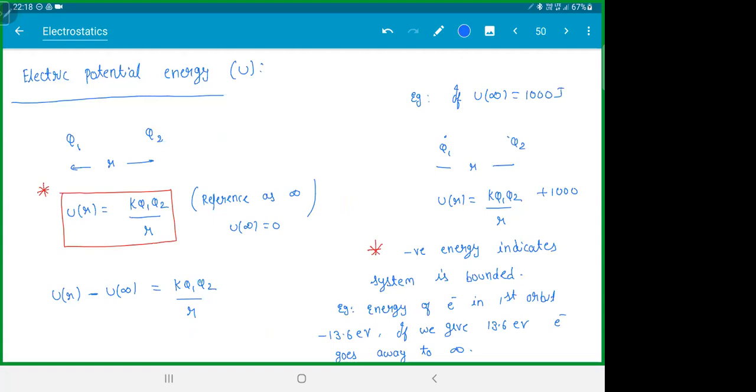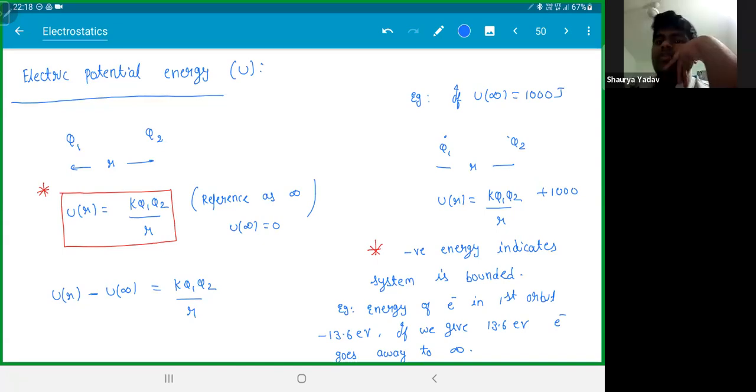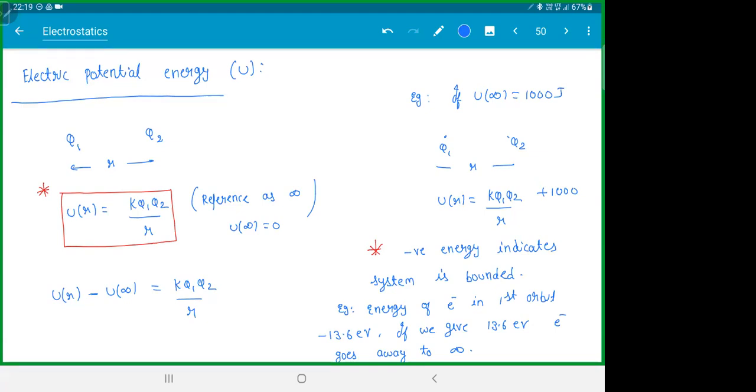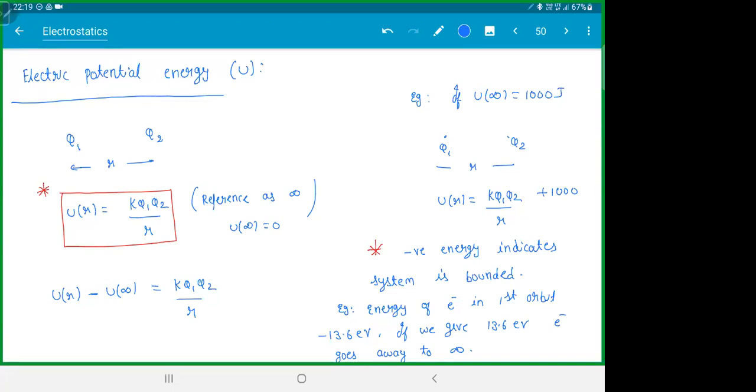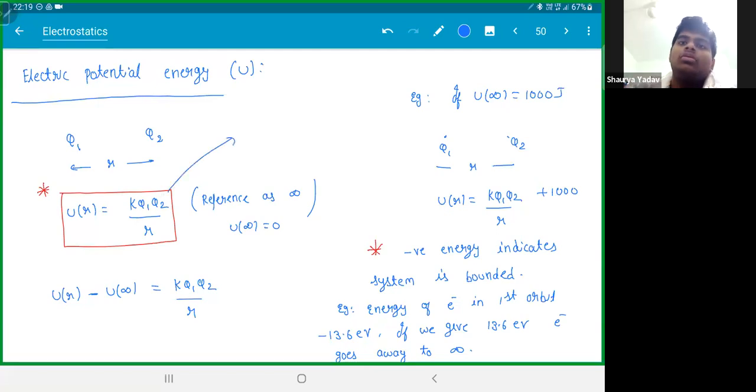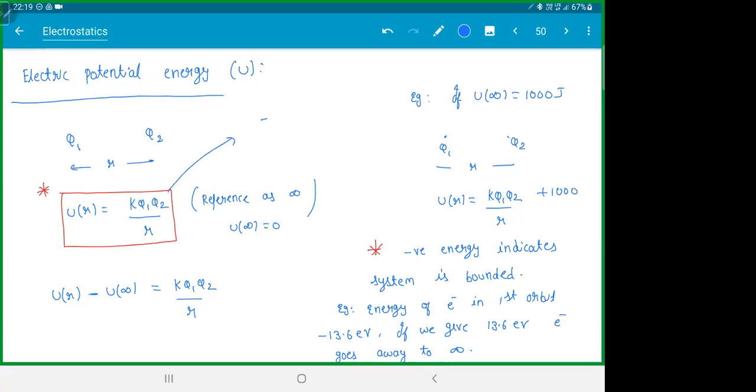Let's see some questions on this. If we differentiate potential energy, we get force. The derivation is the same; we will see that later on. We integrate F dr, and from there we call it potential energy. What Shaurya is saying is, if you differentiate this, minus dU by dr actually turns out to be k q1 q2 by r square, which is nothing but force, isn't it?